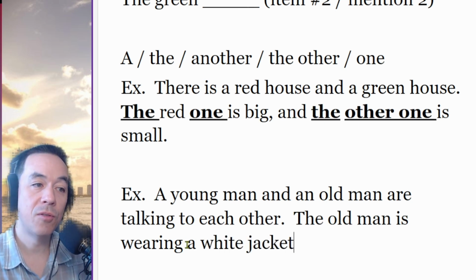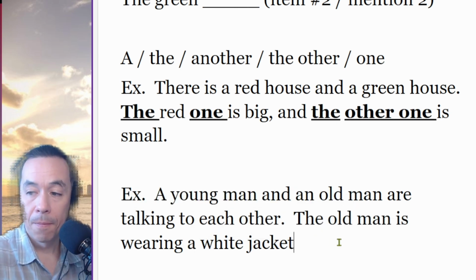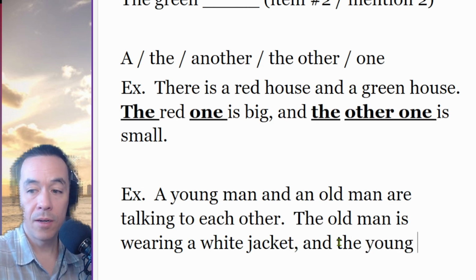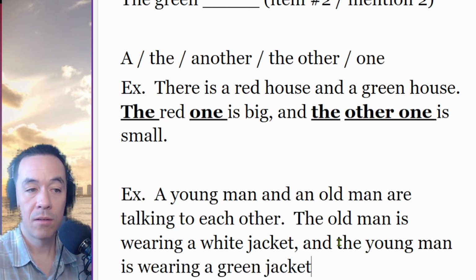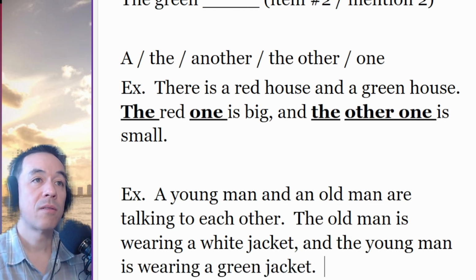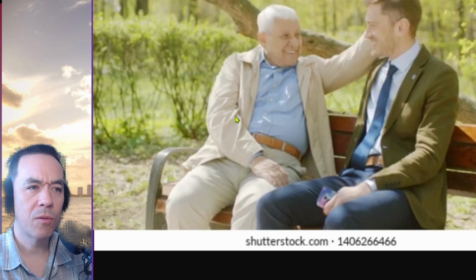So here's a new item, white jacket. But the is from before. And the young man is wearing a green jacket. Okay, let's see. Oh wait, that's the cats. So yeah, it was white, it's green.